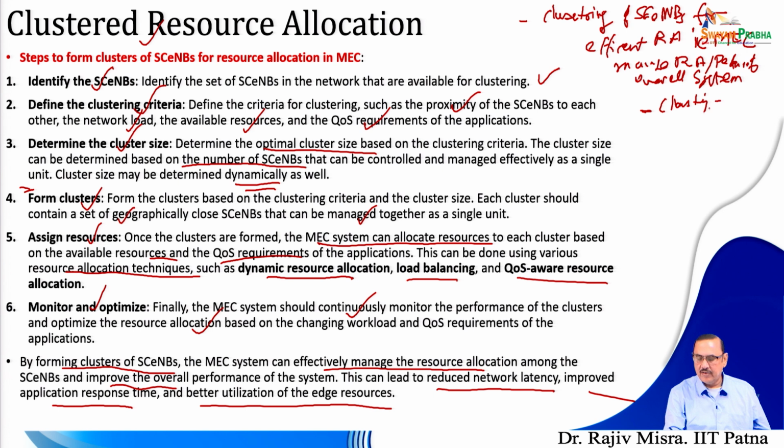So, that means the clustering requires the following criteria. So, the criteria such that the proximity of SCENBs to each other, the network load, available resources, QoS requirements of the application.